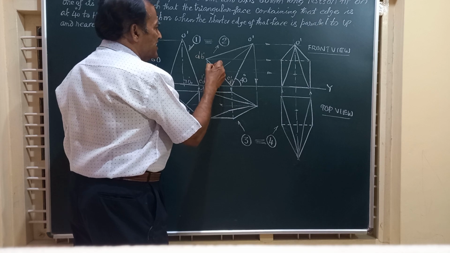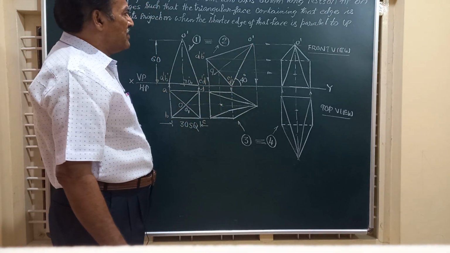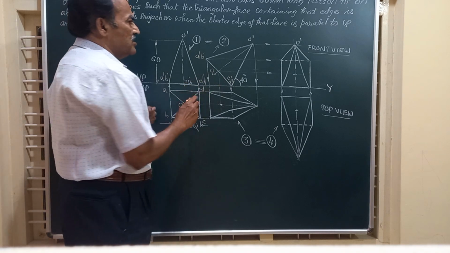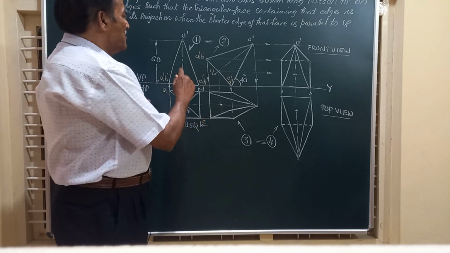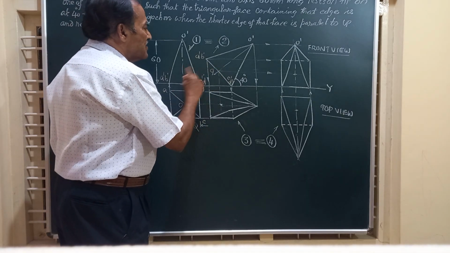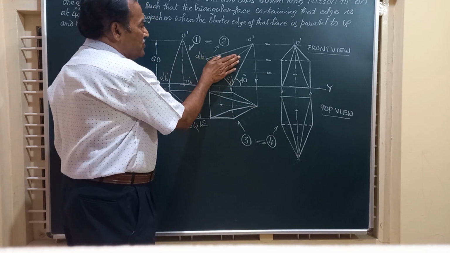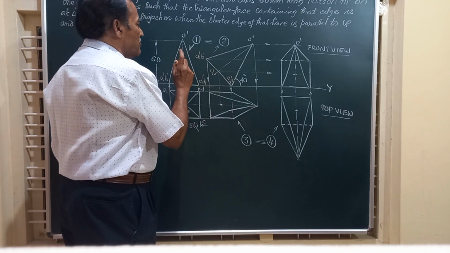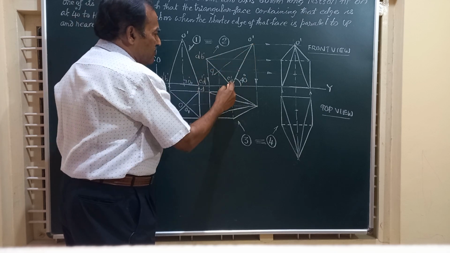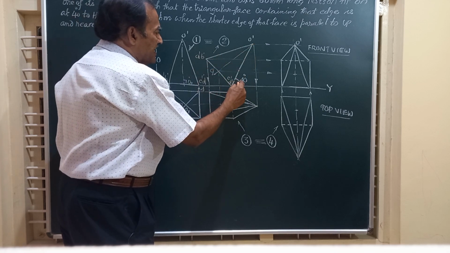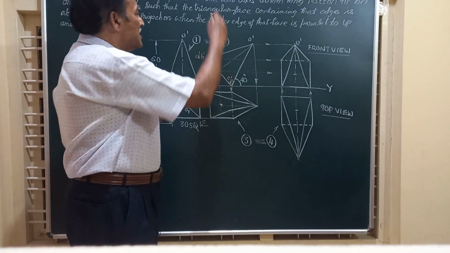O1 dash is the center of the base, O dash is the vertex of the pyramid. And friends, remember, in all the solids and also in the laminae, figure number 1 and 2 in the front view will always be the same excepting for the orientation. So figure number 1 is redrawn as figure number 2 with the triangular face OCD at an angle of 40 degrees to HP. Now we have to obtain the top view.